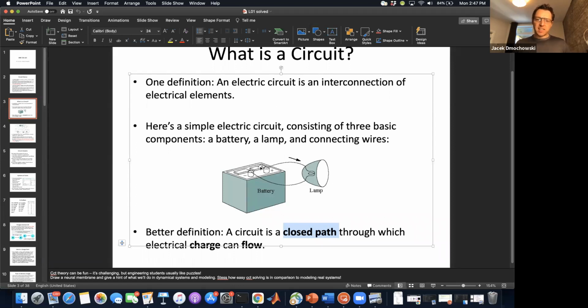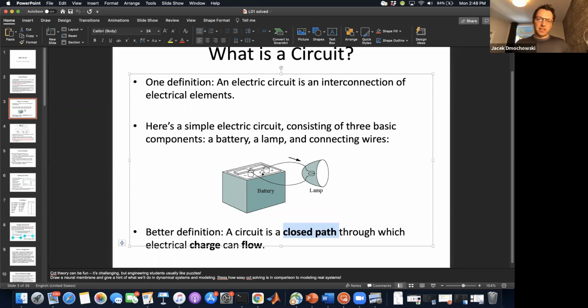The reason this happens is because there is less resistance along this path than there is from here to here directly, right? So you need to have a barrier in between these two poles in the battery. You need to have an insulation of charge, right?